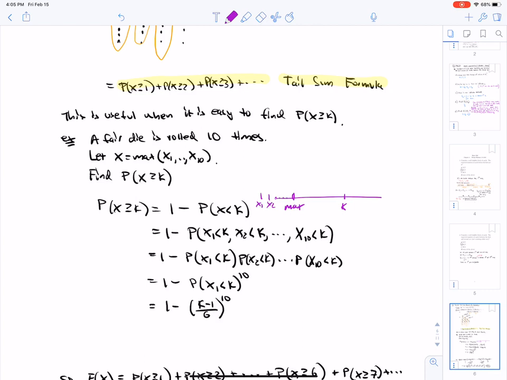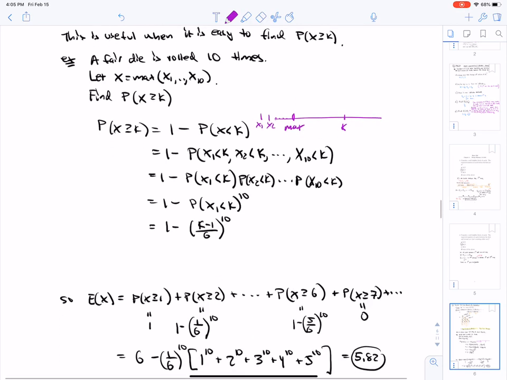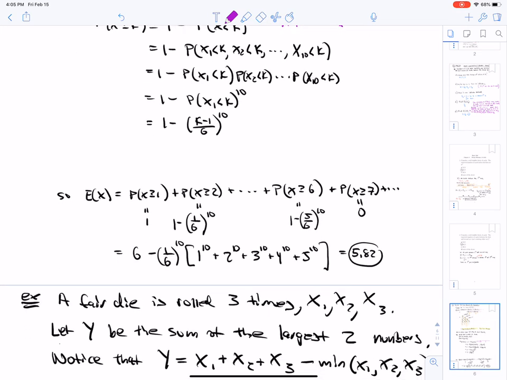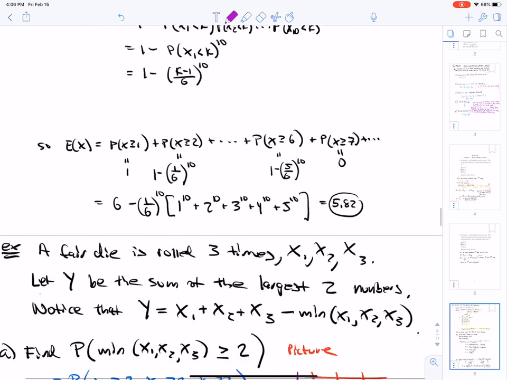So then we have independence, so it factors, and you just get 1 minus the probability that x1 is less than k, to the 10th power, and you can write a formula for that. So then the expectation of x, you can just find all these probabilities and work that out.